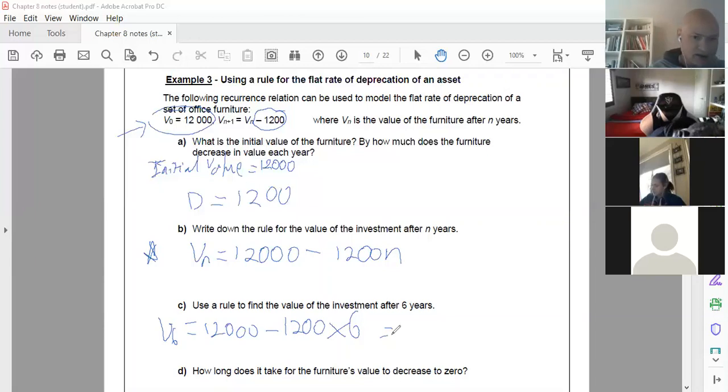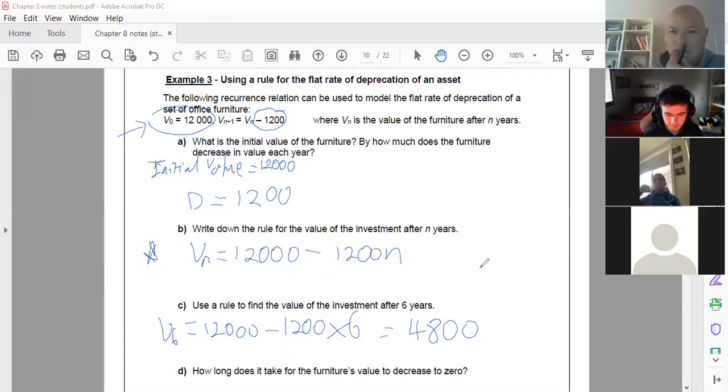I'm going to work that out on my calculator. Minus times 6, and I get $4,800. Okay. Any questions there from anyone?